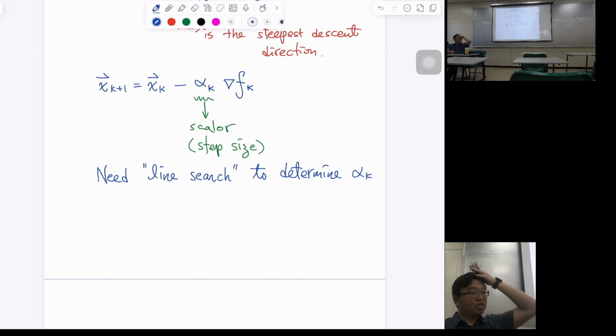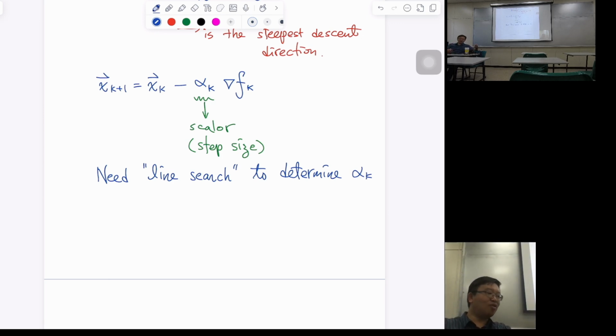Then all I need to do next is just iterate. Keep on finding the steepest descent direction, determine the step size, move forward to that point, and repeat this process until convergence. That's basically the iteration process. Okay, so how do we do this line search?